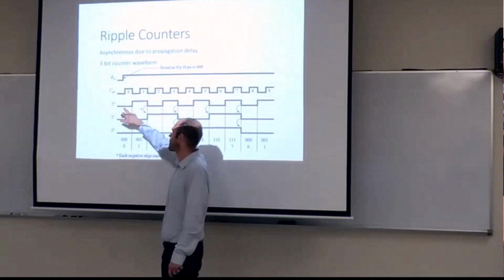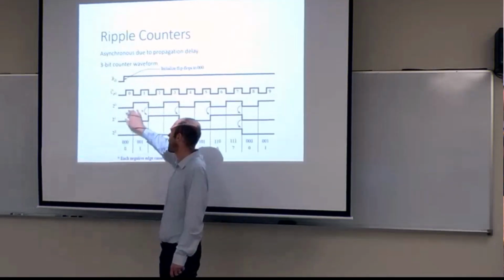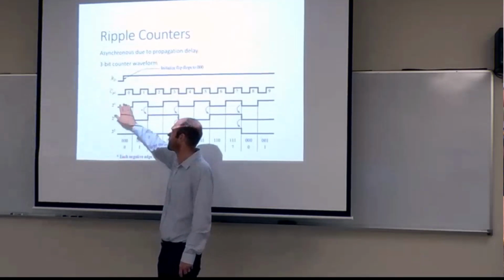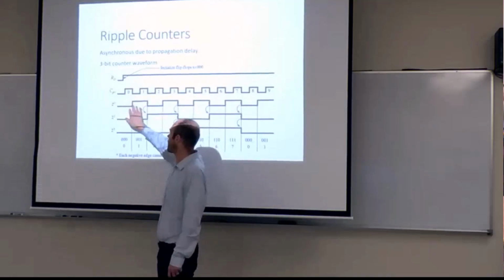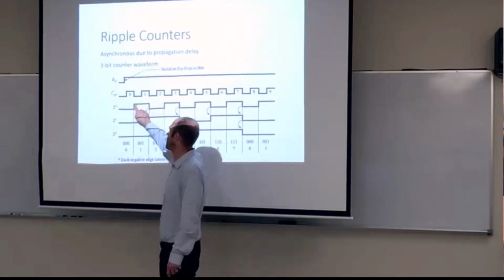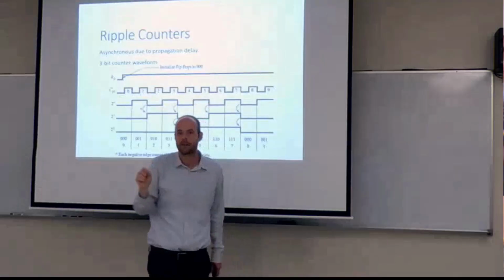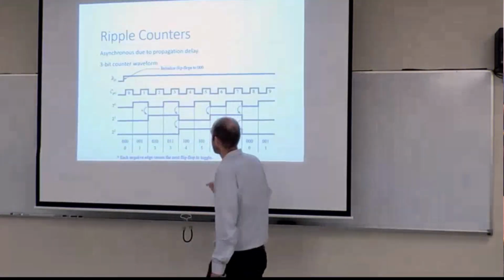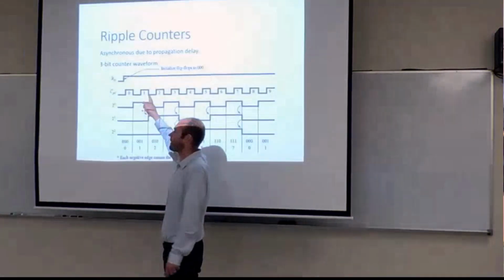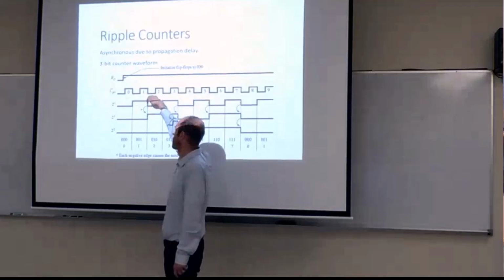At the falling edge of the clock, we start at 0, 0, 0, all 3 bits off. At the clock edge, only Q0 goes high because the clock is directly wired into it. Then when the clock falling edge hits again, Q0 goes low.